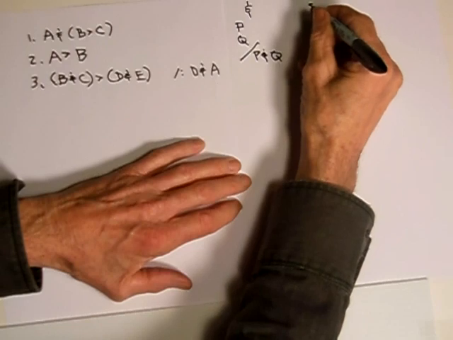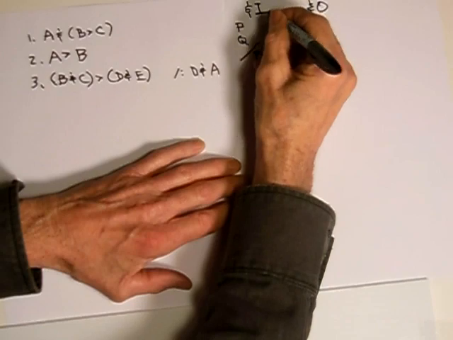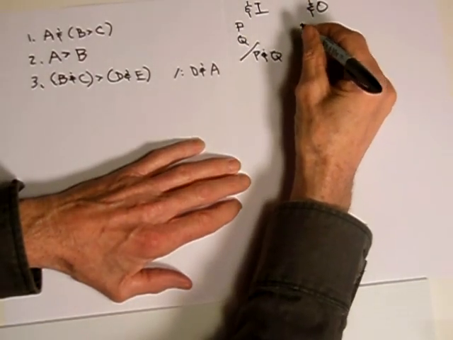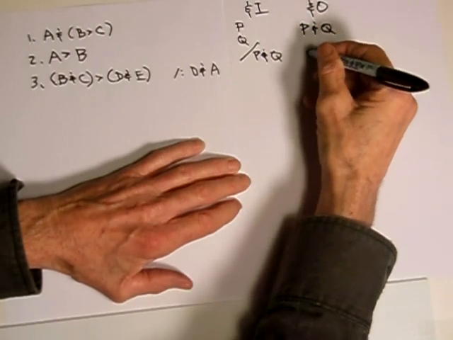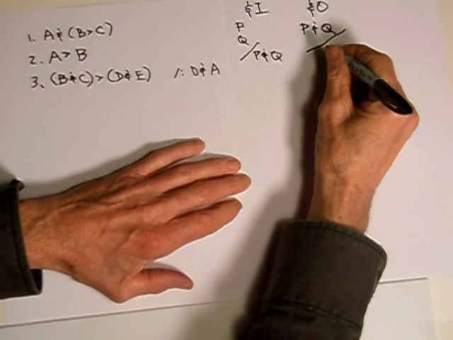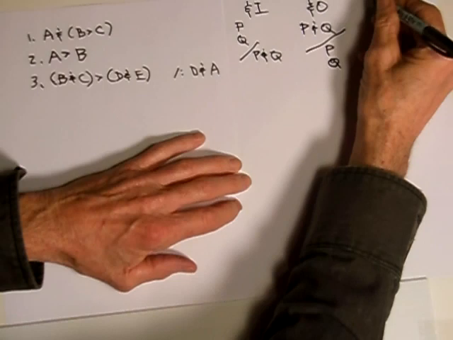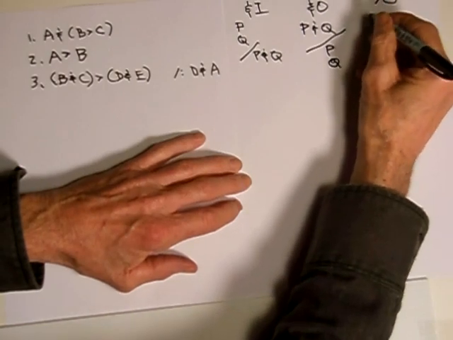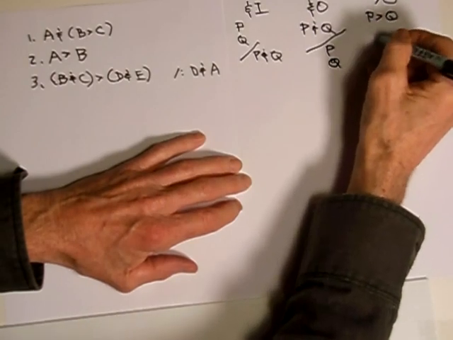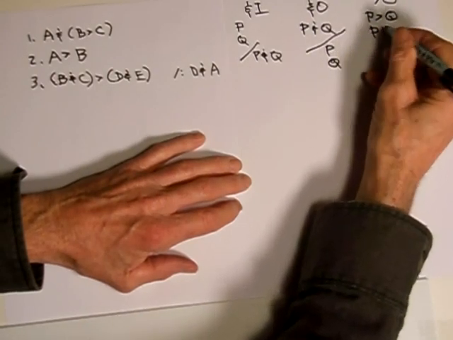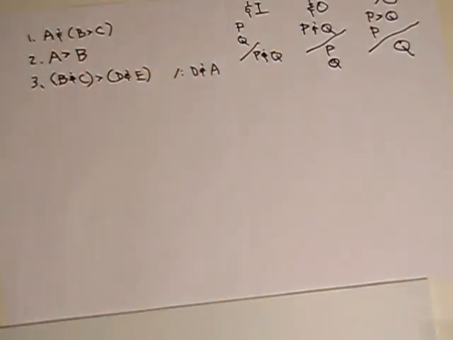There's and out: from a conjunction we can deduce either of its conjuncts, and the familiar arrow out: from a conditional and its antecedent, we can deduce its consequent.